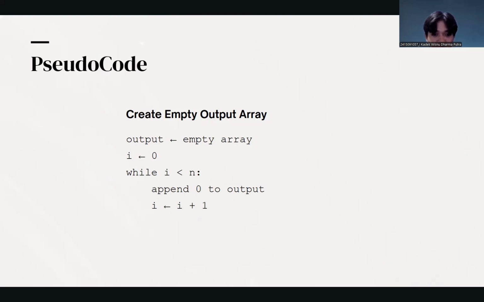We use a while loop with the condition: if i is lower than the length of the input array. If the condition is true, we will add 0 to the output array, and the i variable will be added with 1. Next.